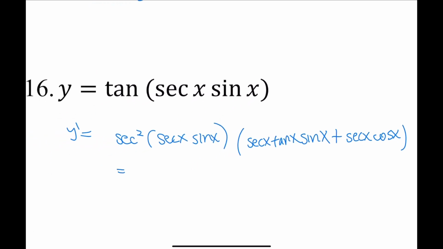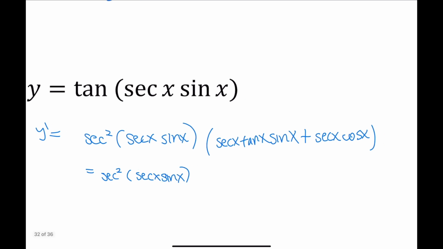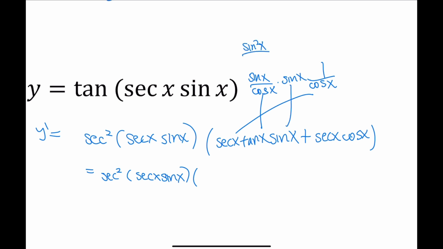Okay, and then you do secant squared secant x sine x, and then sine x over cosine x times sine x over cosine x. So this goes to that, this is this, and then this is this. So we see that we get sine squared x over cosine squared x, which is, interestingly, tangent squared x, right?